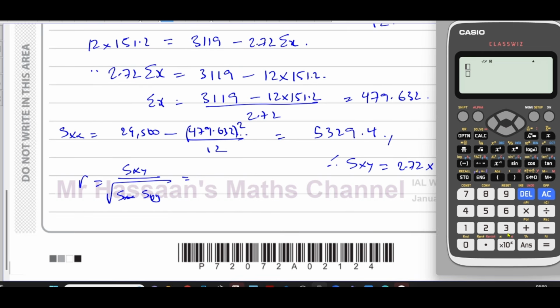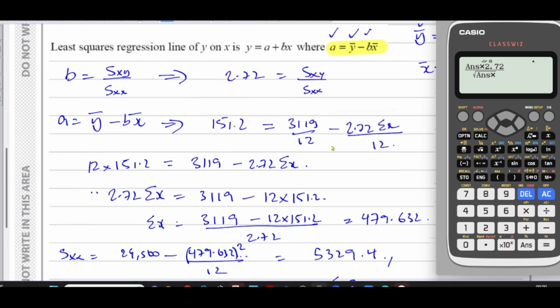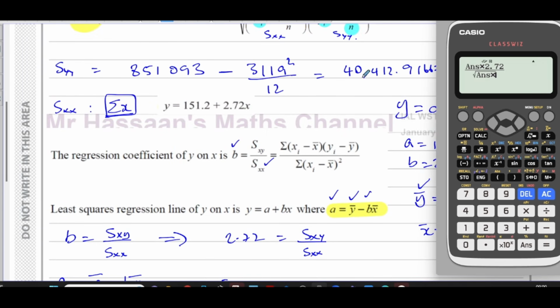I'll do the answer we got multiplied by 2.72 over the square root of SXX, which we just found, which was the answer that we had last, multiplied by SYY, which we found earlier, that 40,000.